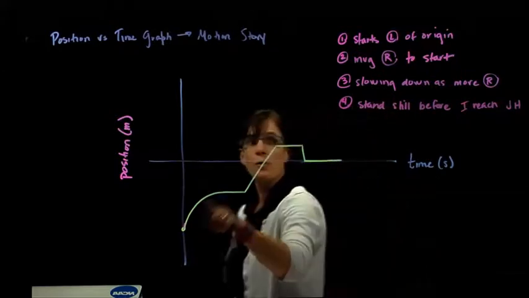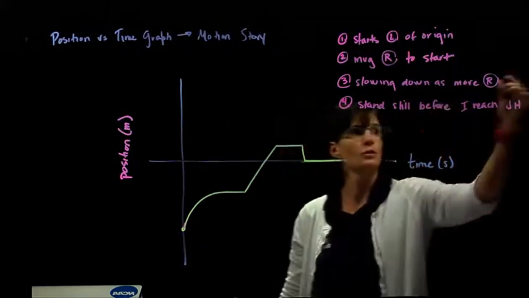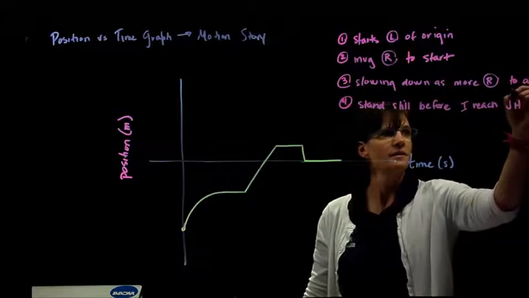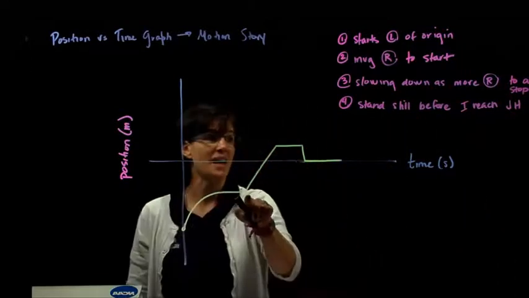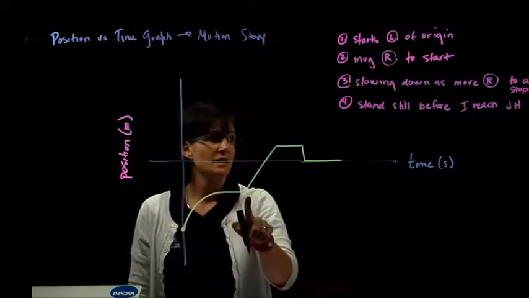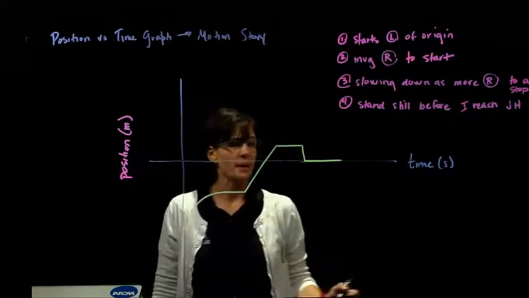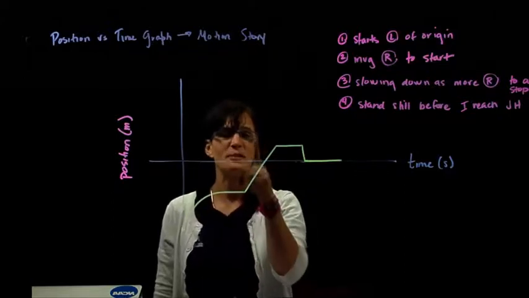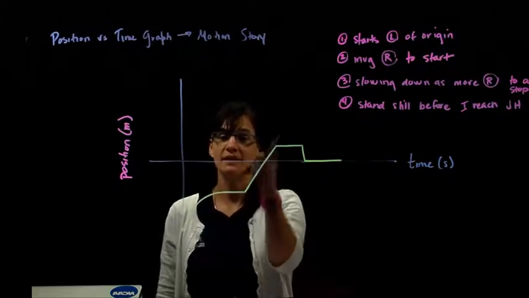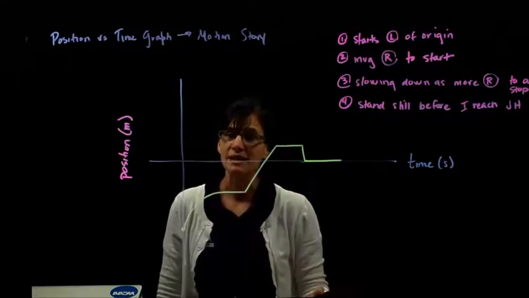So I'm slowing down to a stop and I stand still. Well, after I wait for a little bit, I continue to move towards the origin in a positive direction. But what do we notice about it? It's at a steady rate.